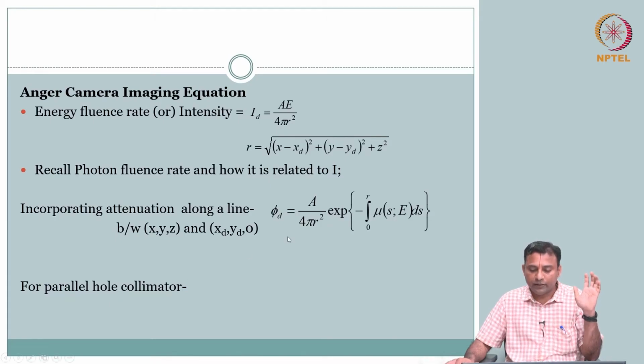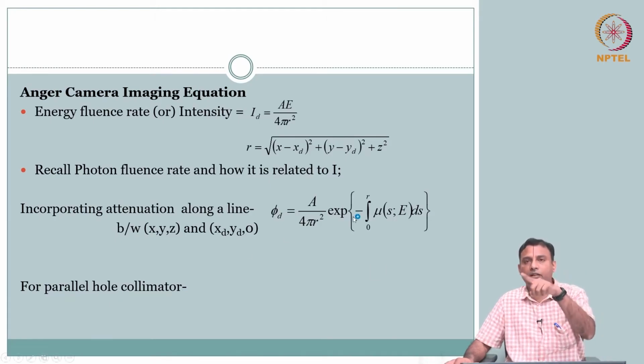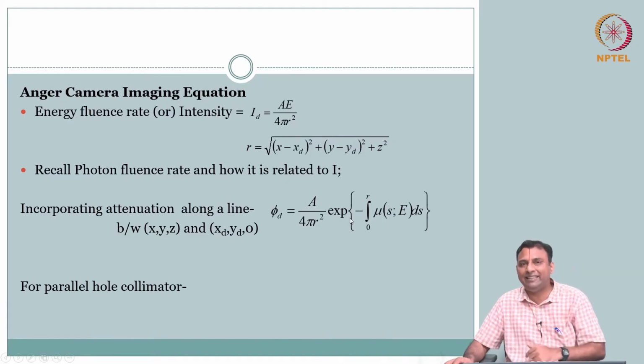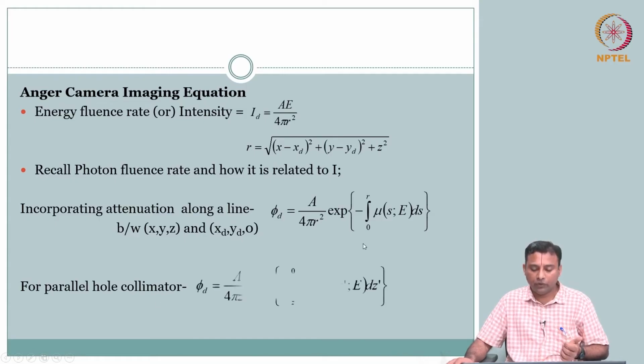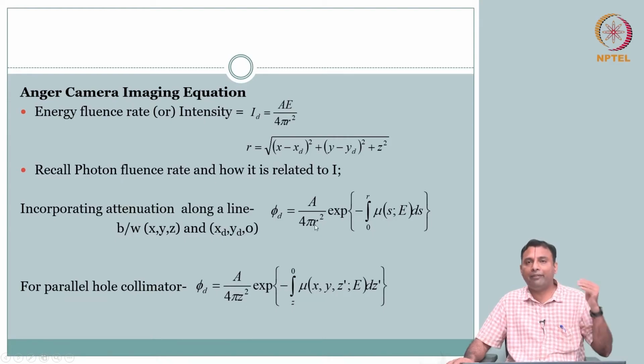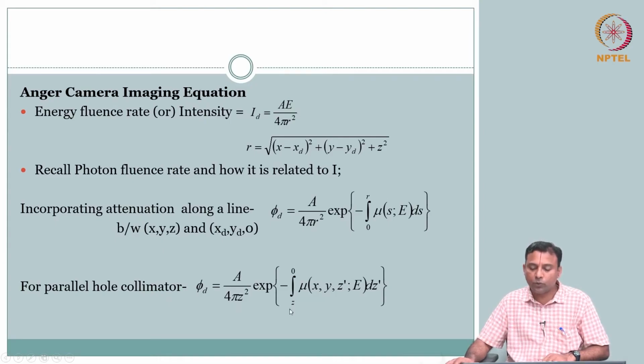So instead of R, we can have only Z, since the collimators are parallel to Z. So we write phi_d as A by 4 pi Z squared, with the attenuation along Z. It is not going to come at some angle. So for the parallel hole collimator configuration, this is what is falling on the detector.